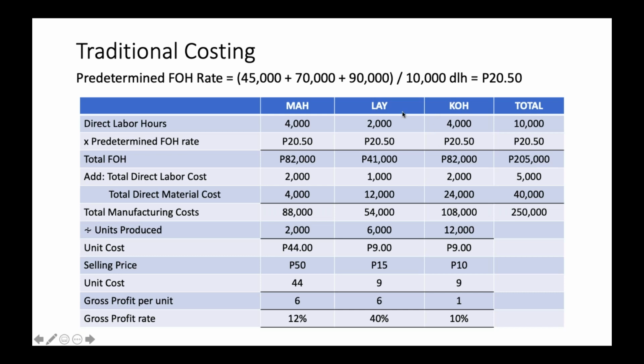Okay, so we will try to use activity-based costing, meaning we will not be using 10,000 direct labor hours, and we will be using the activity that creates or accumulates this cost as the denominator for us to know the true cost of each product.